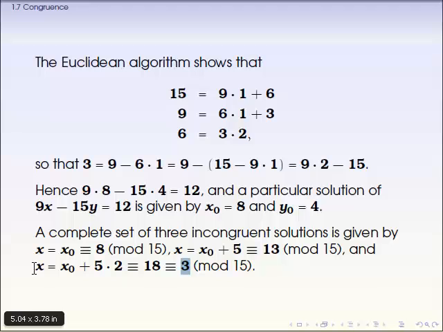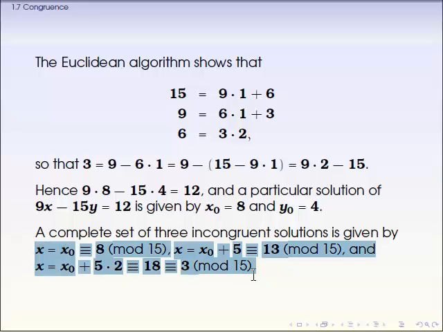So 3 is another solution. Now if you add another 5, we get 8, so it repeats. So we finally realize there are 3 different incongruent solutions: 3, 8, and 13.